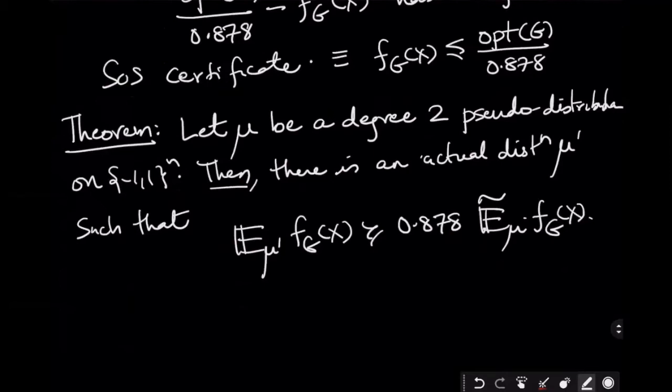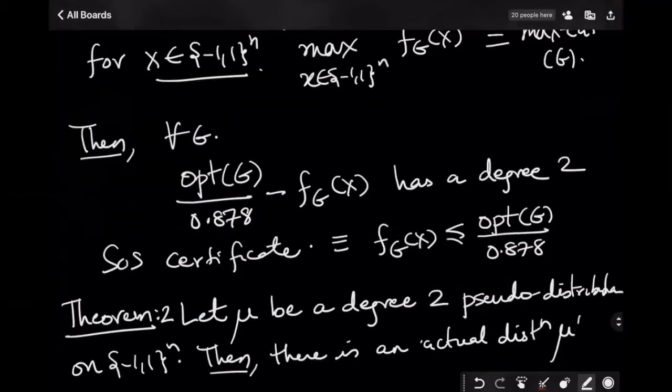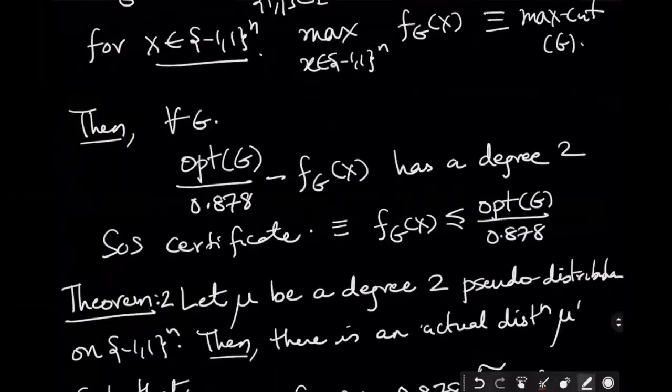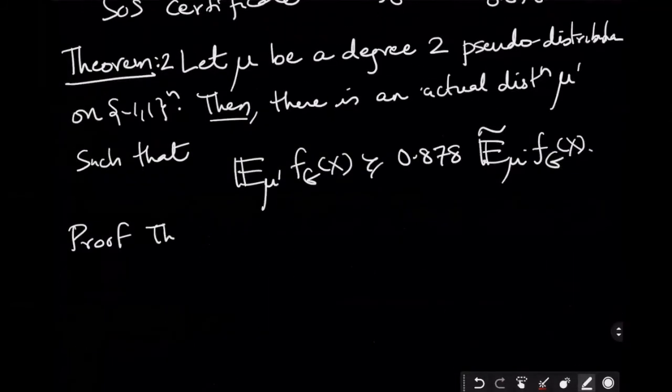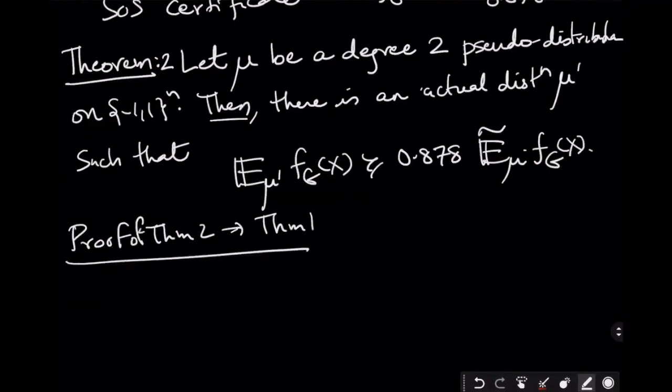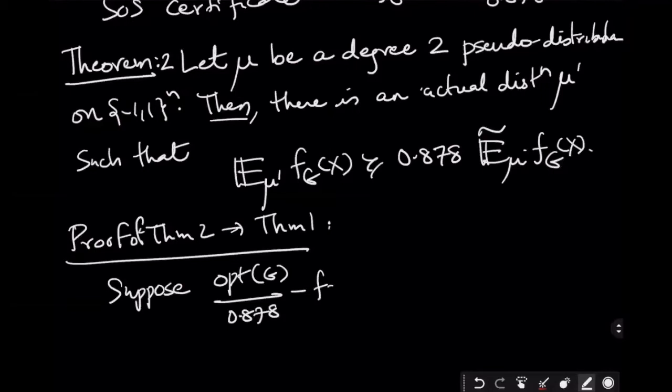Okay. So let's quickly see the proof. Let's call it theorem 2 and theorem 1. So proof by theorem 2 implies theorem 1. How would we argue? We'll say, okay, suppose there is no such certificate. I'm doing simple stuff just so that this weird way of stating the theorem makes sense. So suppose this is not SOS.